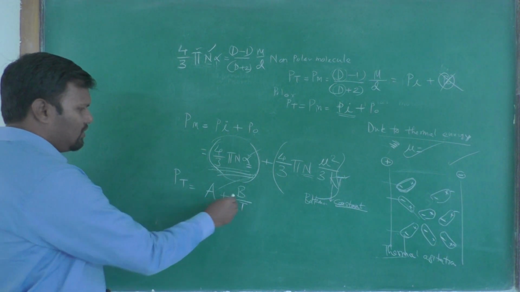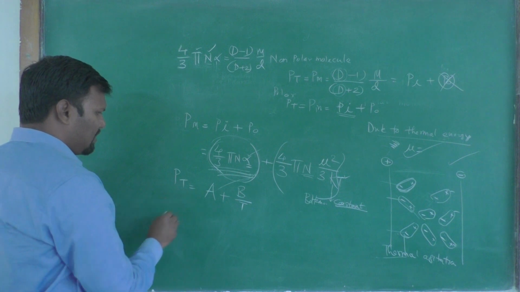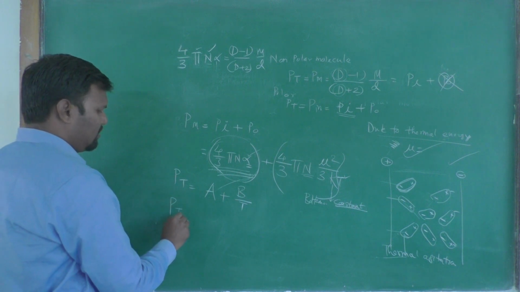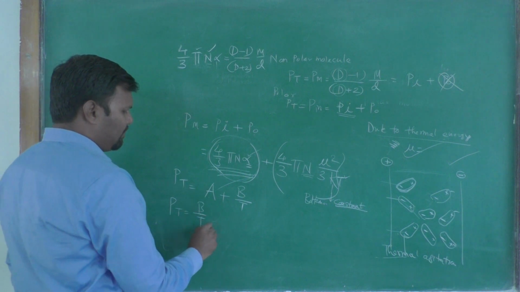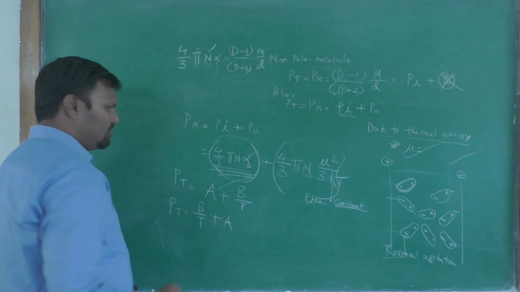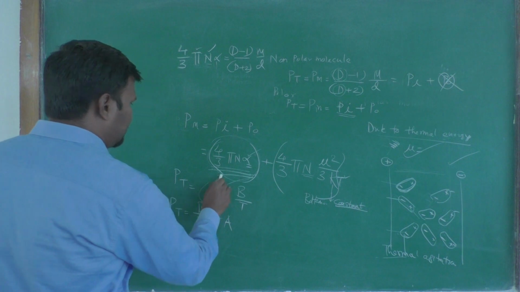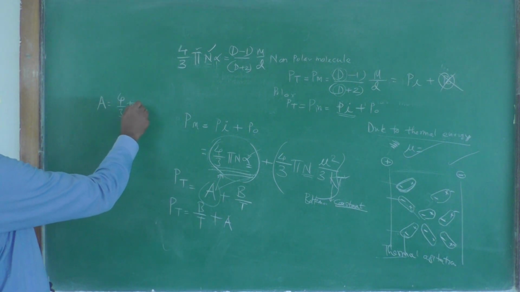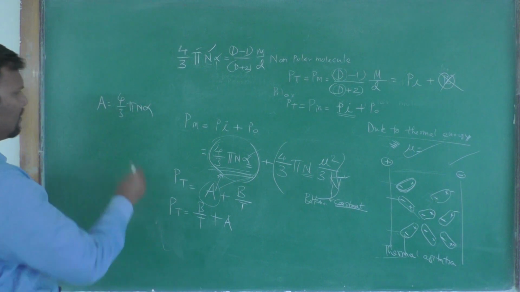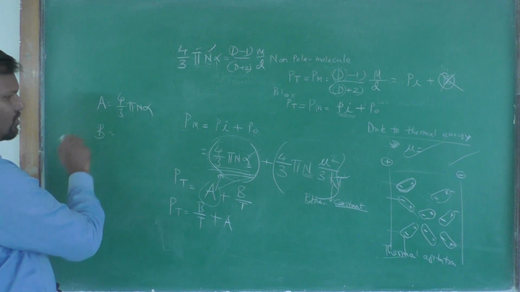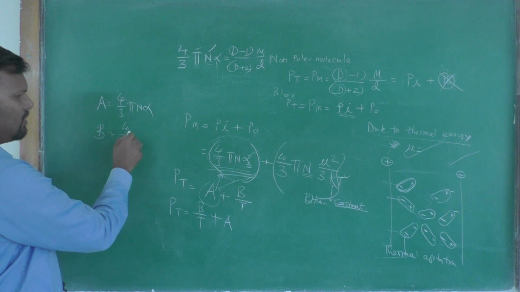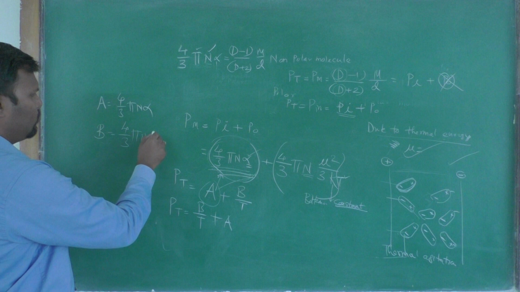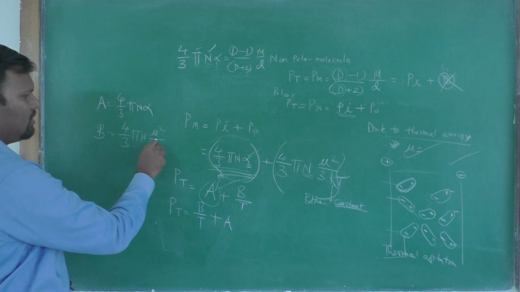The equation can be shown as Pt equals B upon T plus A. In this equation, the A quantity is 4/3 pi n alpha, and B is equal to 4/3 pi n mu square upon 3k.